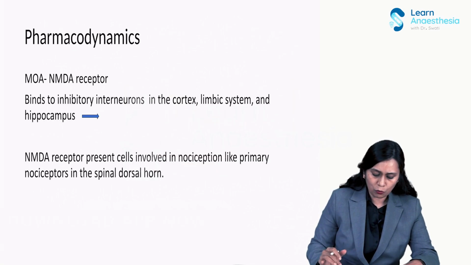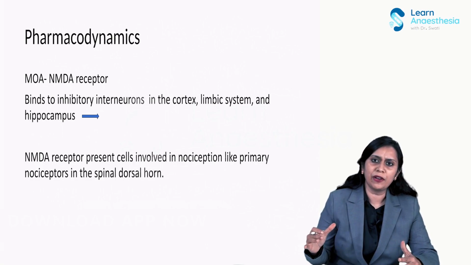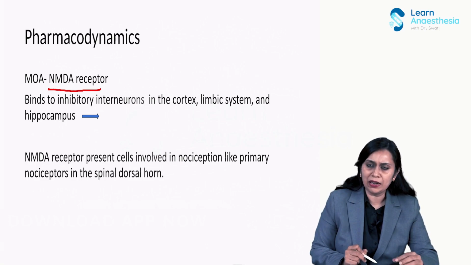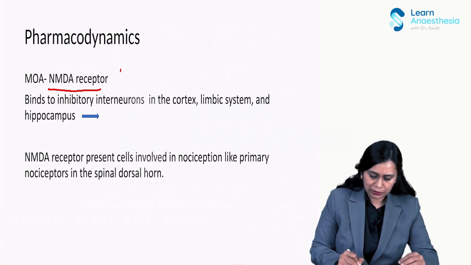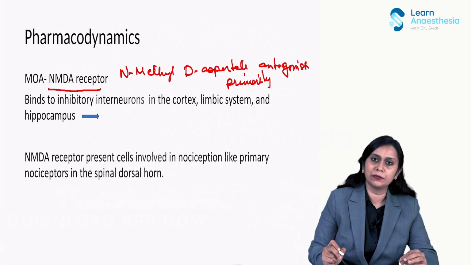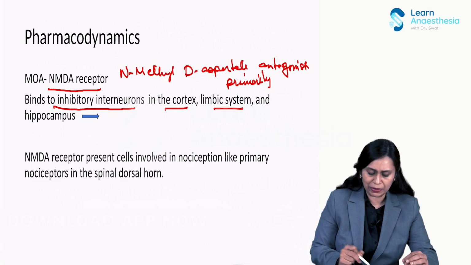Okay. Now, what is the mode of action? Ketamine, the primary site of action is the NMDA receptor, N-methyl D-aspartate antagonist. It is primarily acting on this receptor. It binds to the inhibitory interneurons in the cortex, limbic system and hippocampus.